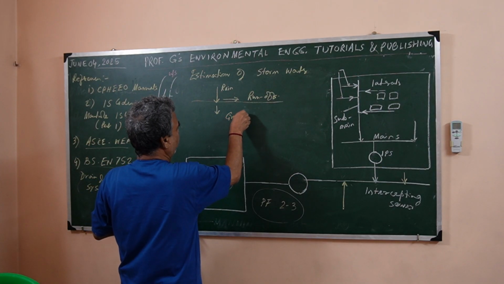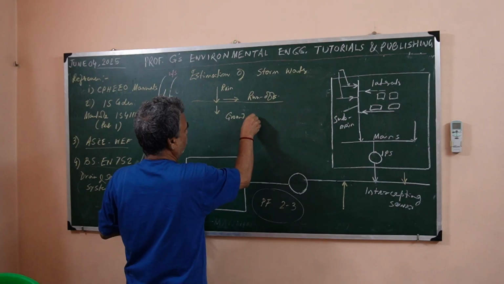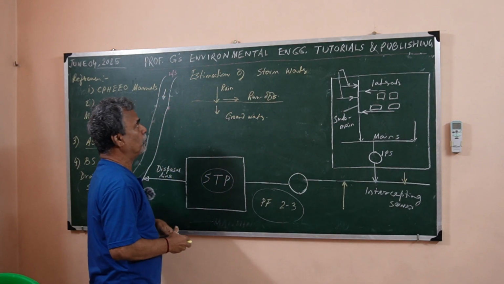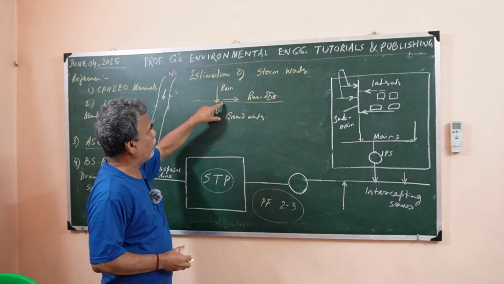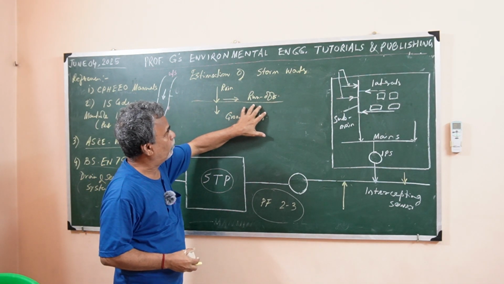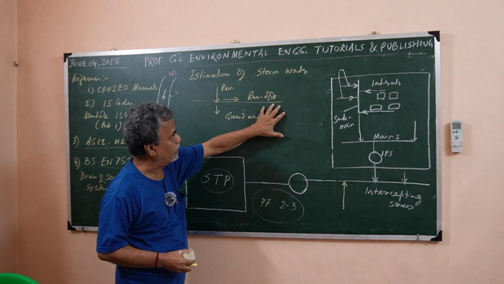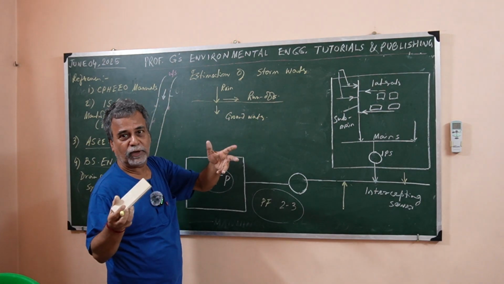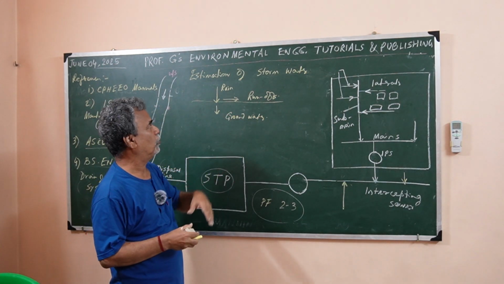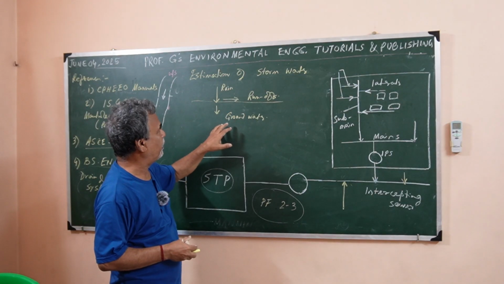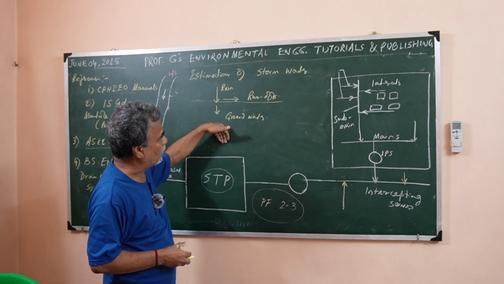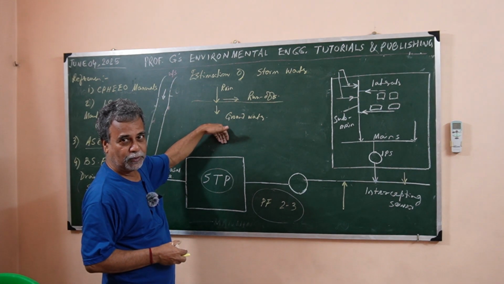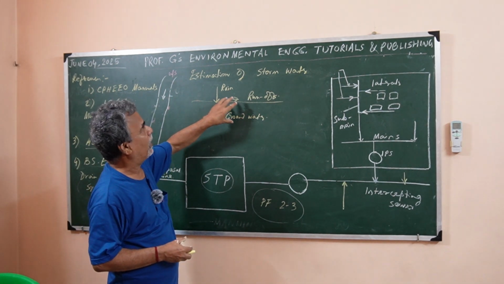This will add to the ground water also. So depending on the perviousness or imperviousness, either way you can define this. If it is more pervious, then less runoff will be there, and the percolation will be more. Clear this one? And vice versa.